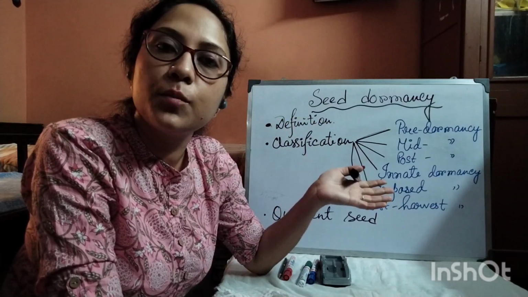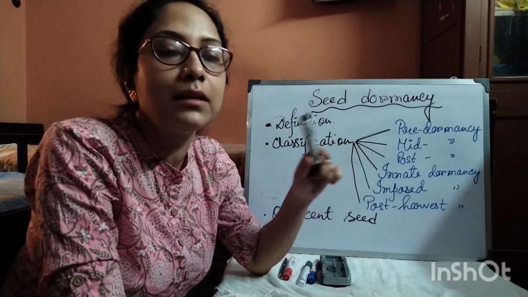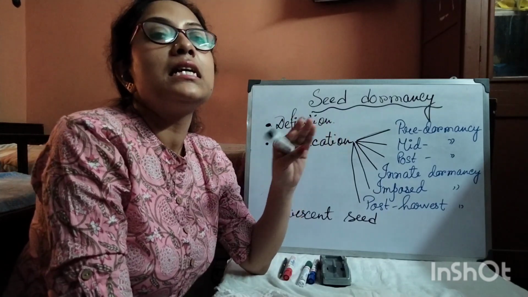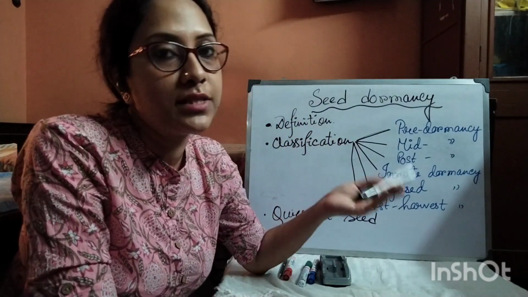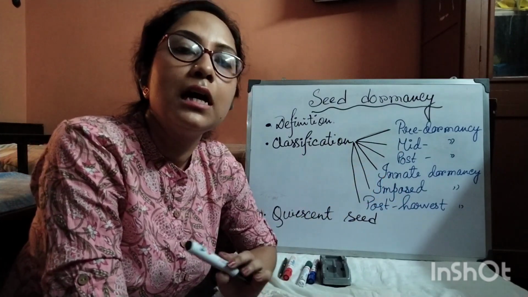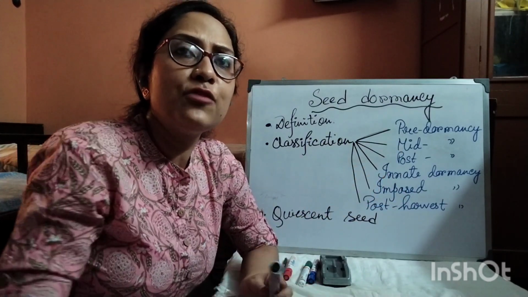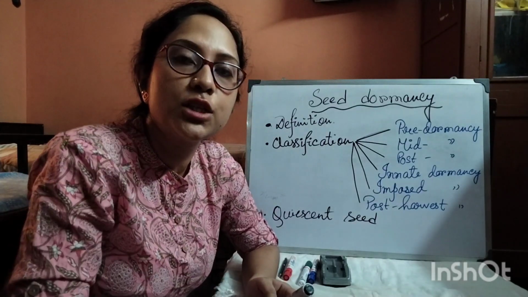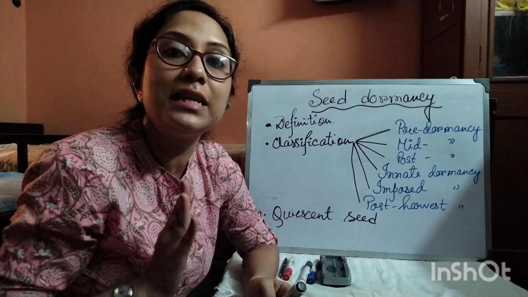What do you mean by pre-dormancy? I am repeating once again. It is the stage where if any seed gets a favorable condition, it will germinate. In the next stage, which is mid-dormancy, even if you give each and every type of favorable condition to the seed, it won't germinate. It will never germinate.